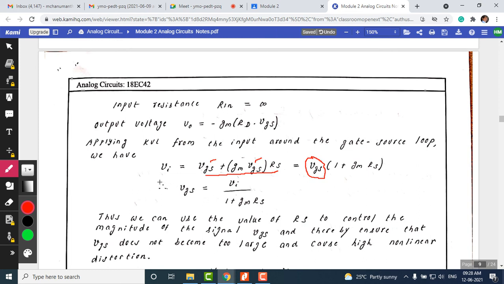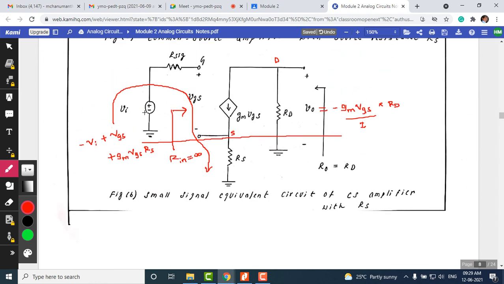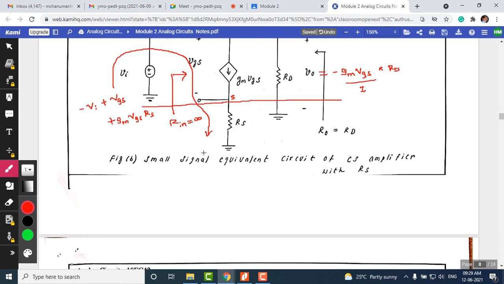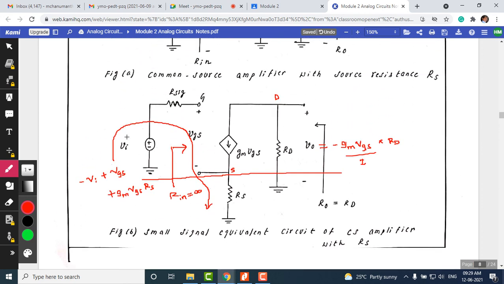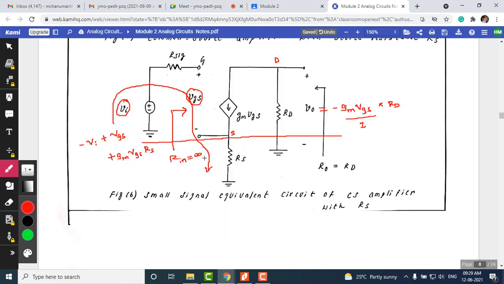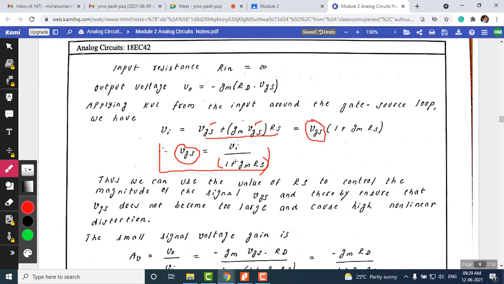What do we mean by this? This shows that the voltage from gate to source is less by this factor. VI is nothing but the input signal applied at the input. The moment the signal comes here, it is dropped by 1 plus gm into RS. Since it is in the denominator, there is a drop in the signal because of the inclusion of RS.